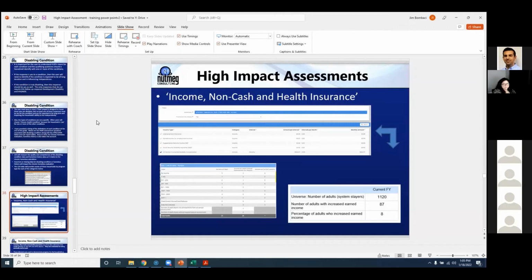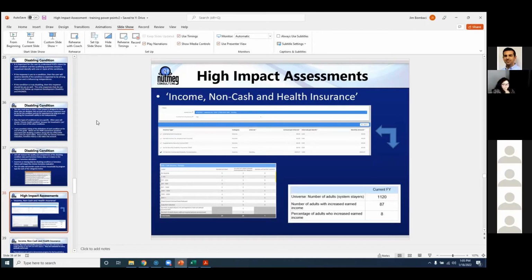So, okay, income and non-cash and health insurance. These are pretty straightforward. I won't go too crazy with them, but just understand the ripple effect that they have. HUD measures your APR progress, and they monitor the interventions that your agency is providing, and they use income, non-cash, and health insurance as one of those metrics.